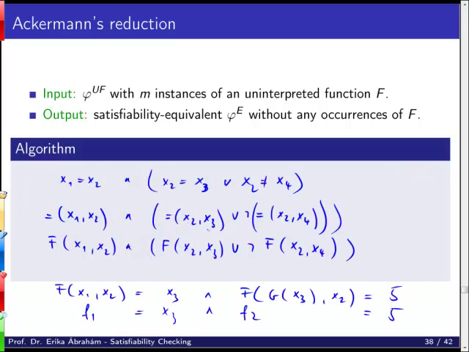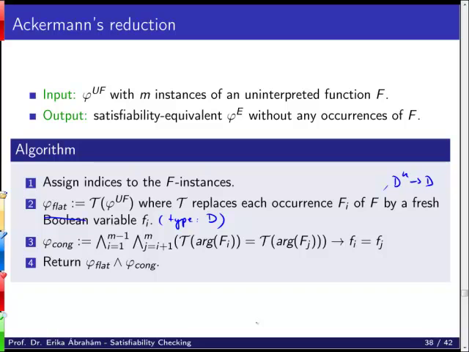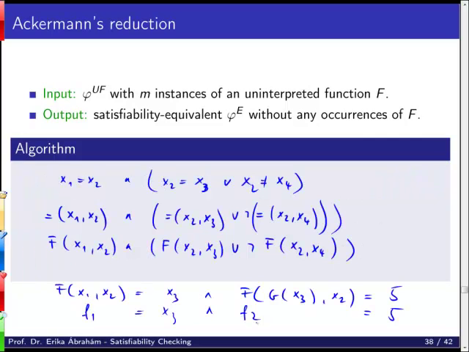Let us come back here. First we abstracted away by replacing these two occurrences of f by new variables, new terms. And then what do we have to state here for the congruence? So this is now flat. And now we have to build this congruence. What is the congruence for this example here below?